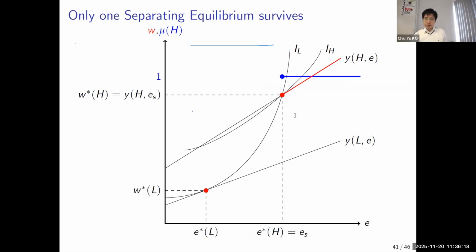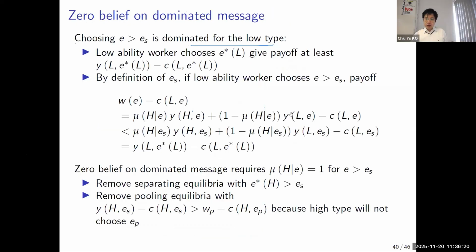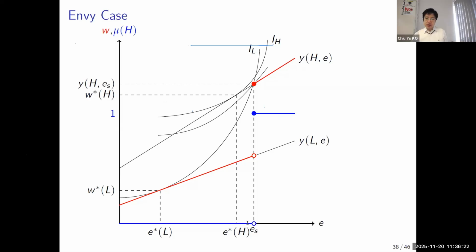Okay, why would you believe this is low type, and why will you go down? Okay, why do you believe this is high type? Okay, and why do you still think this is low type? Okay, you have to put 0 here. Why?